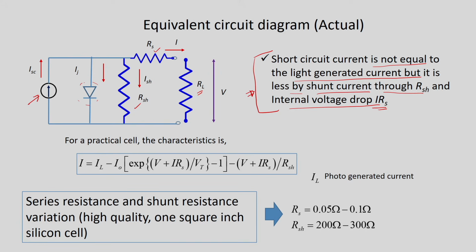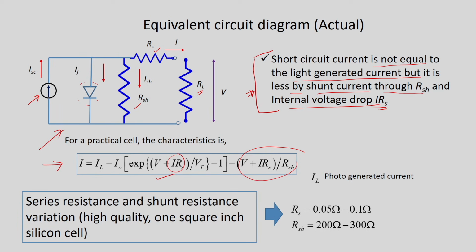So, in these situations, mathematically this characteristic can be written something like this: IL minus I naught of this expression minus (V plus IRS) divided by RSH. So, these are the components which are added. RS is also here.